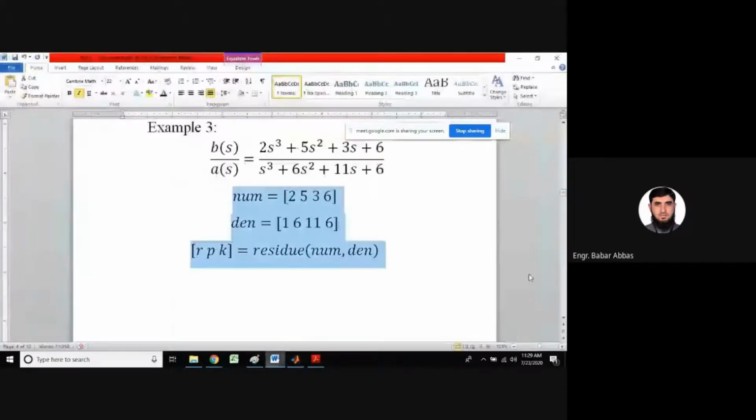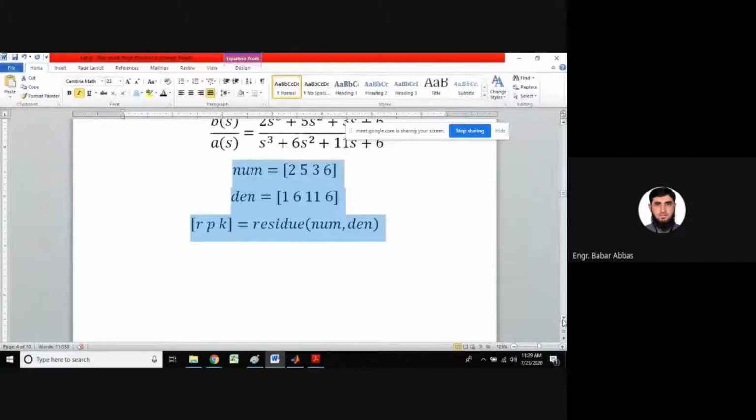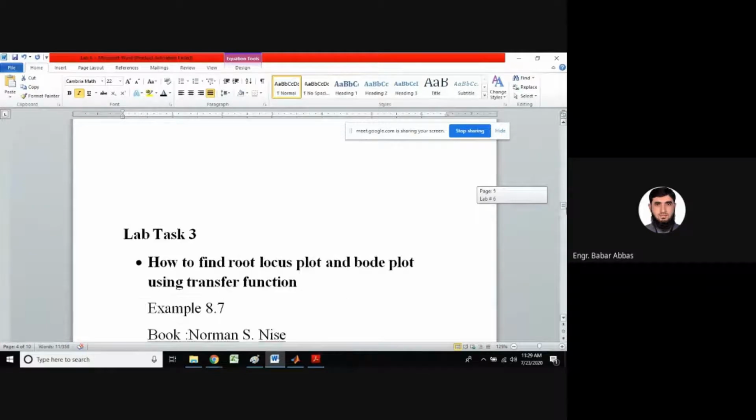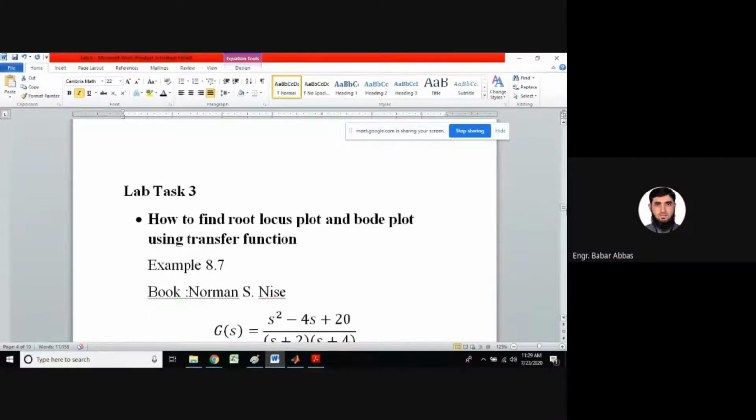Okay, so going forward, this is the Laplace 3. How to find the root locus plot, the Bode plot, and the Nyquist plot using the transfer function.